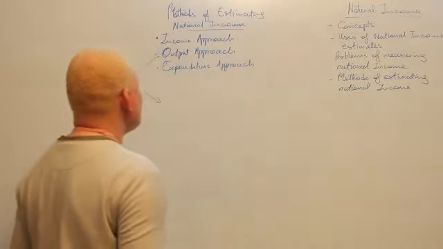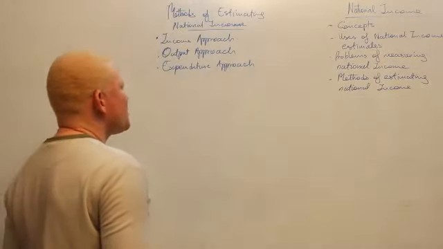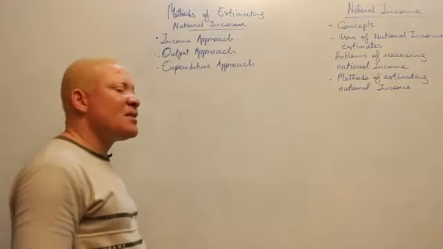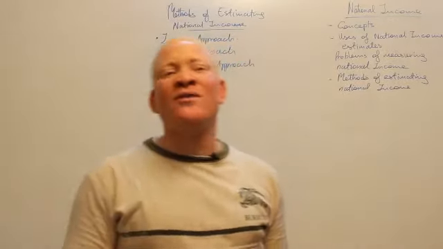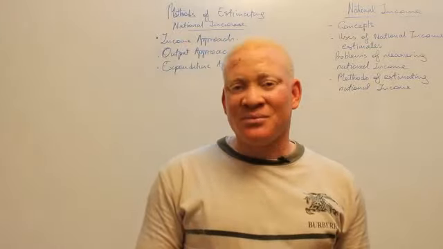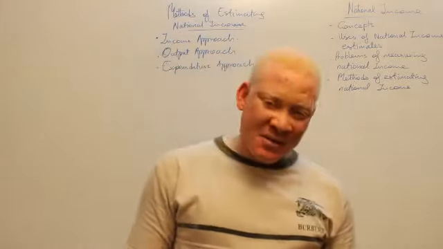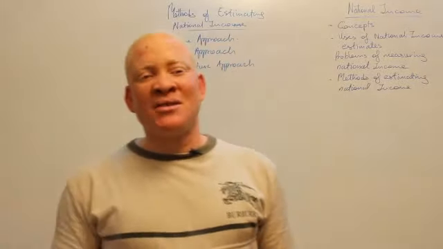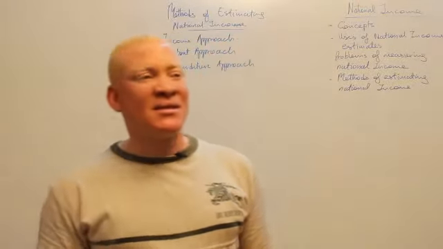Now, the next one, which is the expenditure approach. The expenditure approach is estimating national income by calculating the value of the whole expenses of all factors of production in a year on goods and services. Such income gives us national income at market prices.